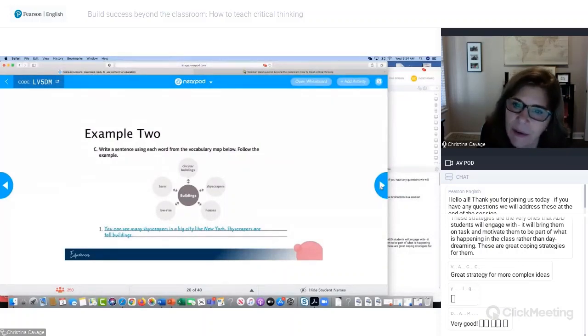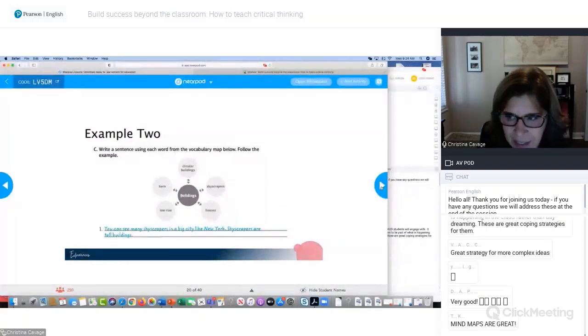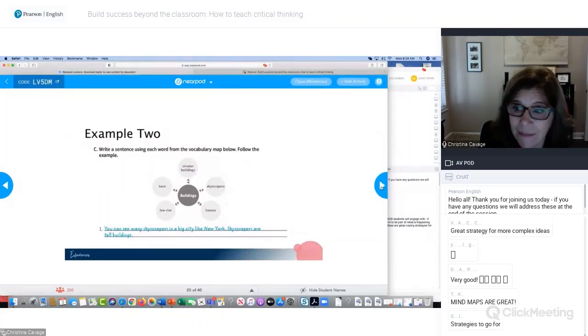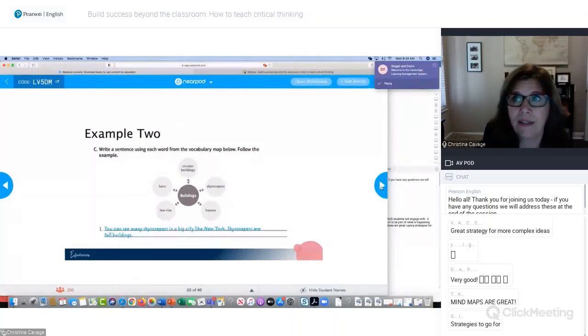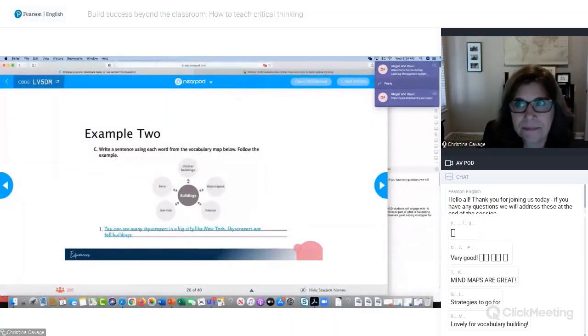They could take it even further at the intermediate level. Imagine that they name some famous skyscrapers, or they name types of houses. So thinking about using a graphic organizer as a vocabulary map, you can then have students write sentences, making sure that they can use that terminology properly within a sentence.